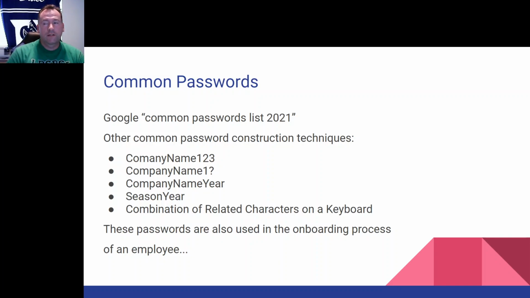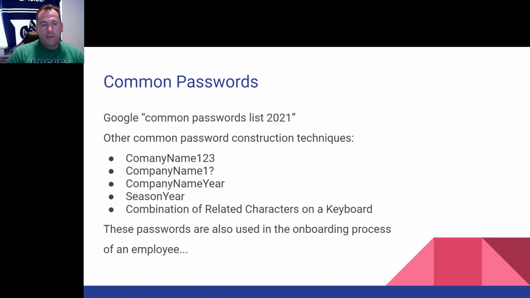Oftentimes, help desks will shortcut creating a complex password by using the company name with a capital at the beginning, followed by 123, or one question mark, or the year that it is. The other common method I've seen is season and year, where they will put spring, fall, winter, or whatever, and then the year: 2020, 2021, 2022.